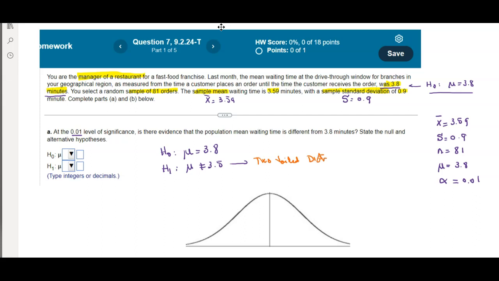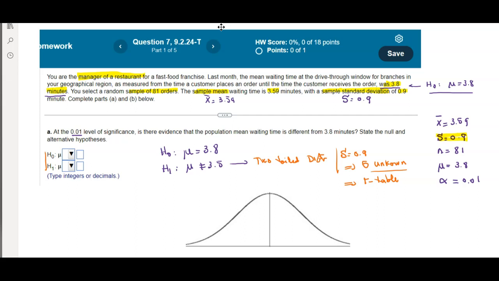Now the fact that we are getting the S equals 0.9 implies that sigma is unknown for us. And if sigma is unknown, we use the T table instead of the Z distribution. So we know we are using the T values. Okay, so the first part is already answered.